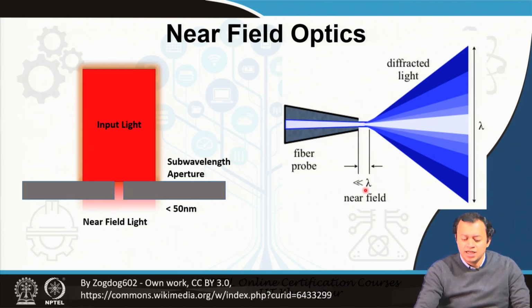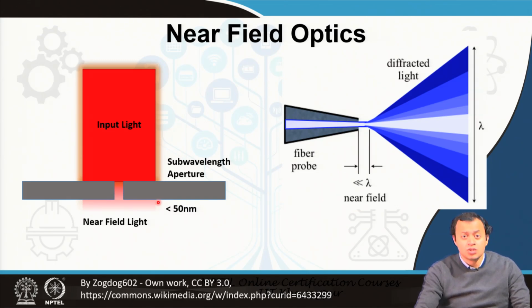Near, you will have near field, much less than the wavelength of light, less than 50 nanometer. You have this light coming up. What was the size of the slit again? Is the size of the slit comparable to the distance that is here? I would say yes.